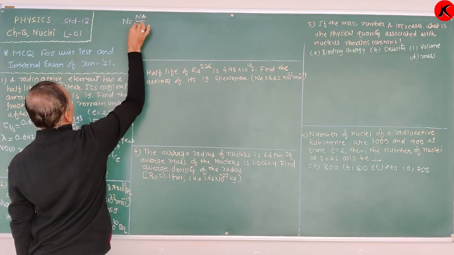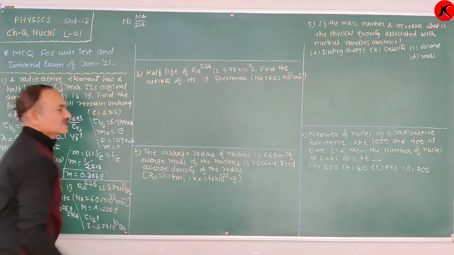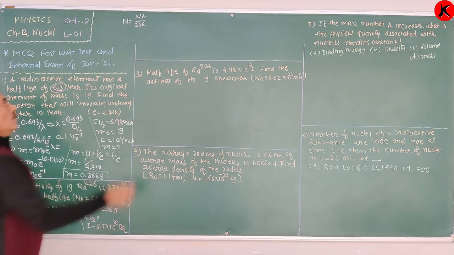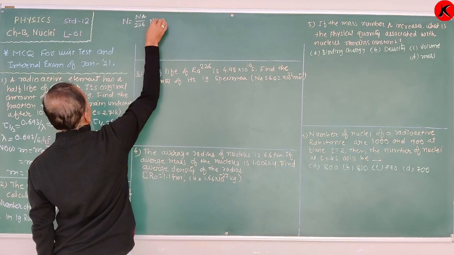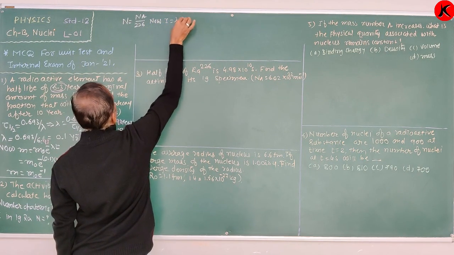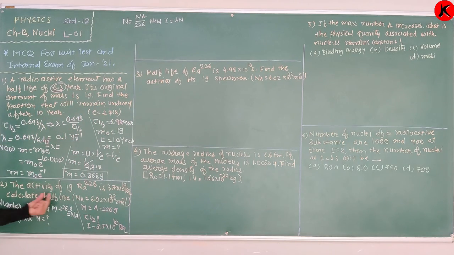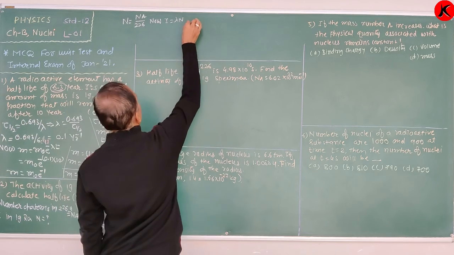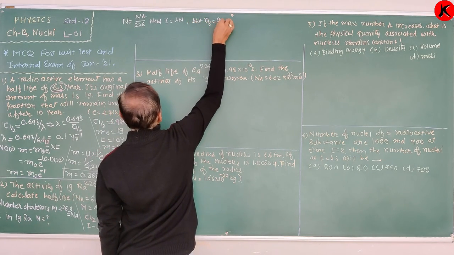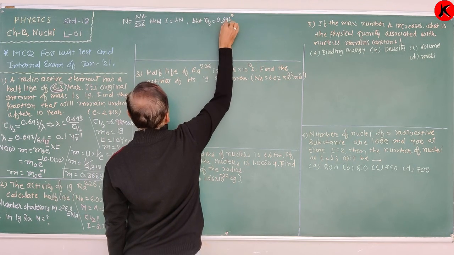N is equal to Na upon 226 gram. Now, activity I is equal to lambda N. We have to find out the half-life. But we know that tau half is equal to 0.693 upon lambda.